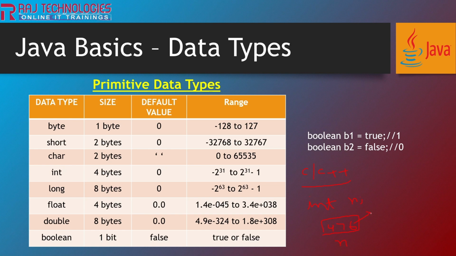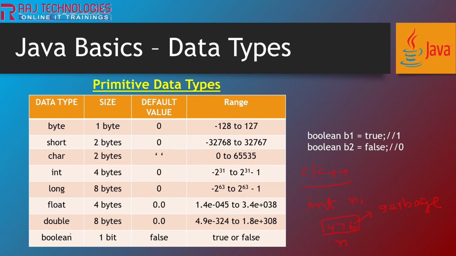This we call garbage or unknown value. So in the case of C or C++, if you declare a variable, it allocates memory space for the variable, and we cannot know what value it holds. That's the reason we call it garbage or unknown value.